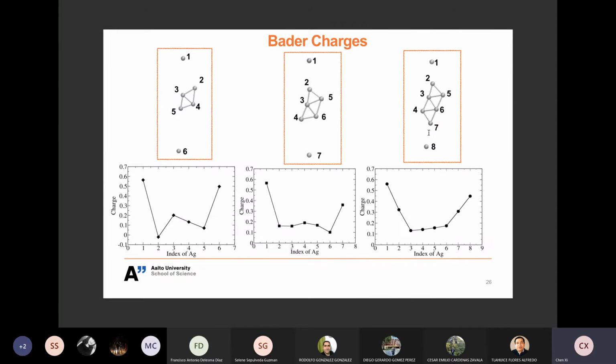Then we also study the charge of the cluster. We can see the silver atoms in different positions of DNA have different charge states. On the top and on the bottom, they are more like silver cations because they have a charge close to 0.6, close to 1.